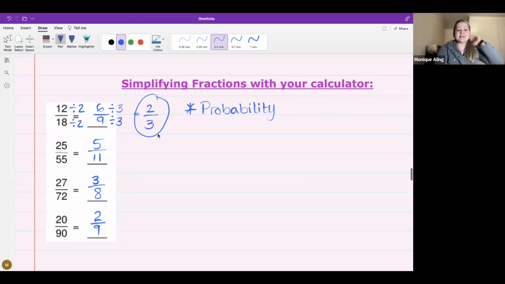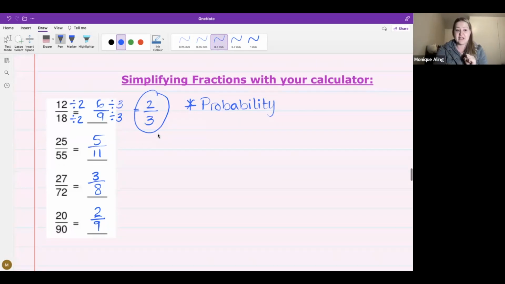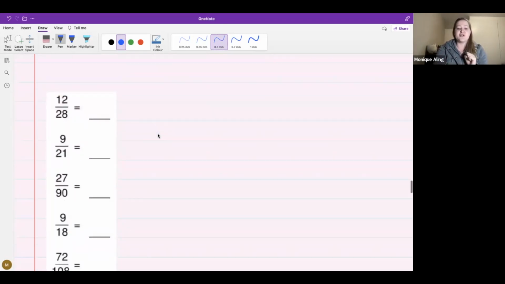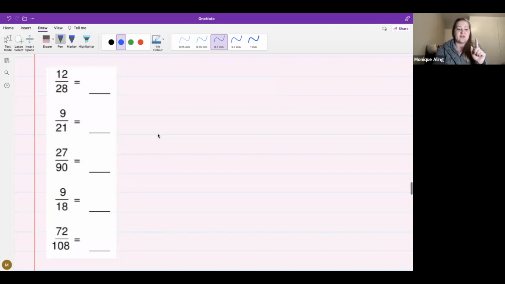Okay, guys, so that's the simplified version of these fractions. Like I said, very important in probability, for example. Because whenever you've got a fraction as your answer, you need to simplify it. And they give you lots of marks for simplified fractions with probability, especially. Okay, so just to do a little bit more practice, we're going to do the next 5. Quickly work out those simplified answers for me.